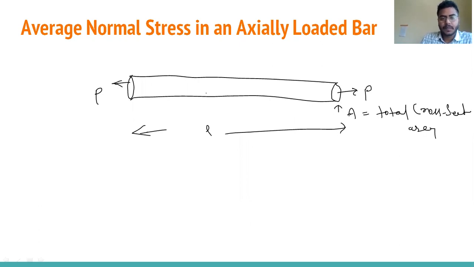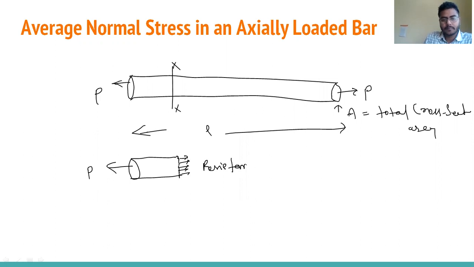Now, when I'm cutting a section from this, I'm drawing a figure of this section. So what will happen? Here is a pulling force P, and this will be the resistance.